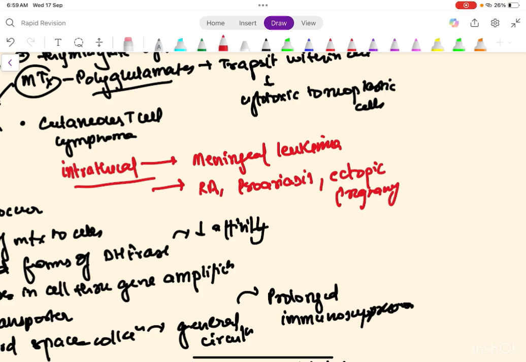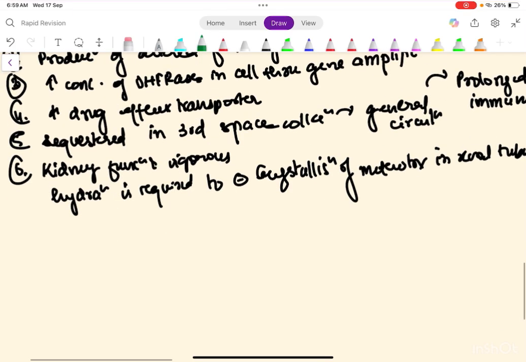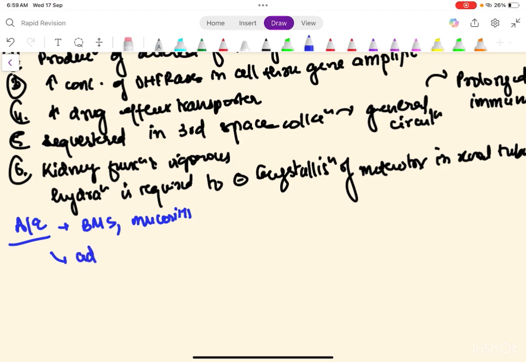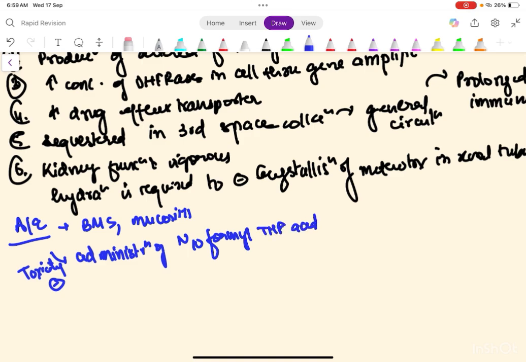Okay, now in methotrexate there are some adverse effects. Alright, so adverse effects, basically burning mouth syndrome, mucositis. Now its toxicity can be prevented by administration of N10 formyl tetrahydrofolic acid.